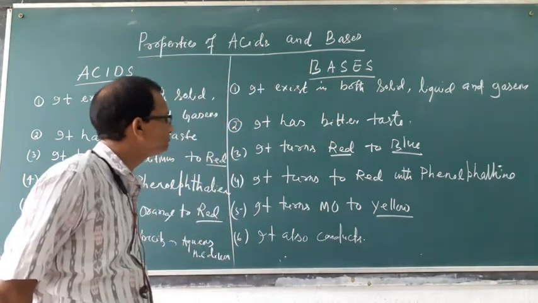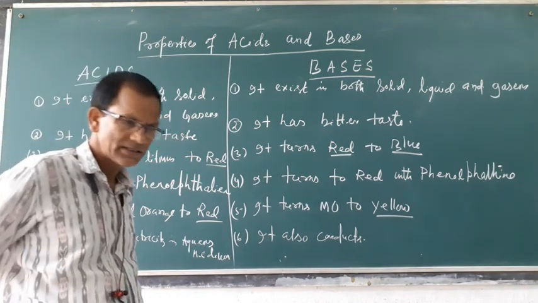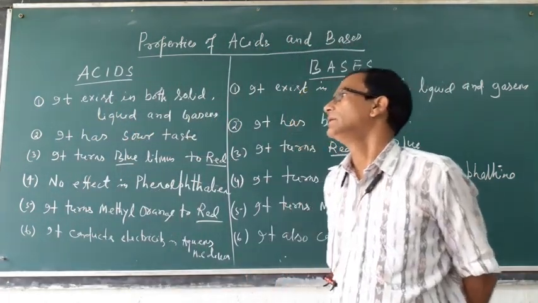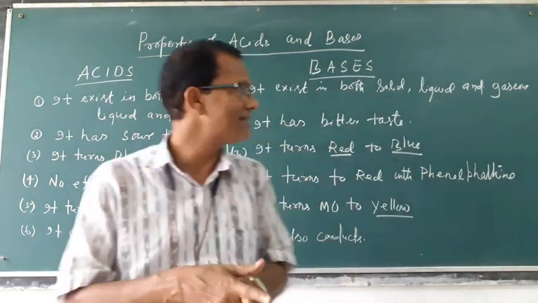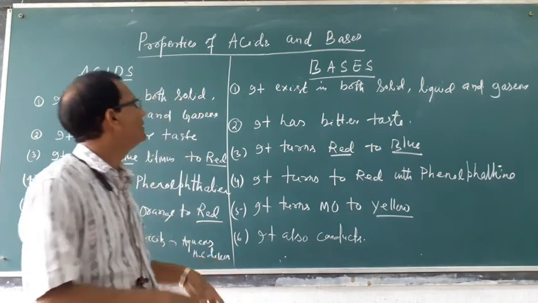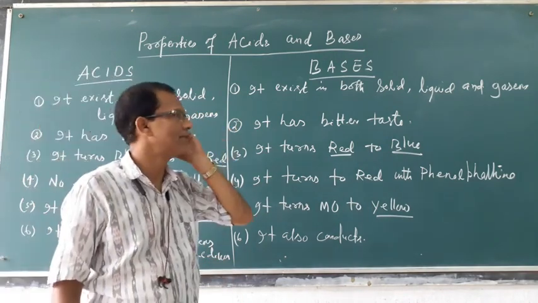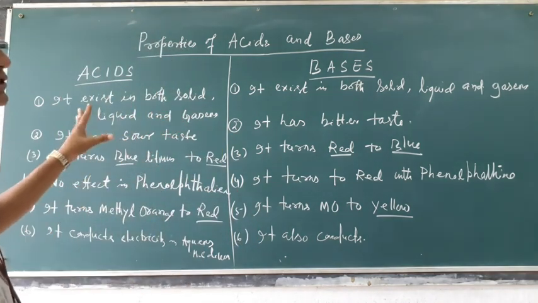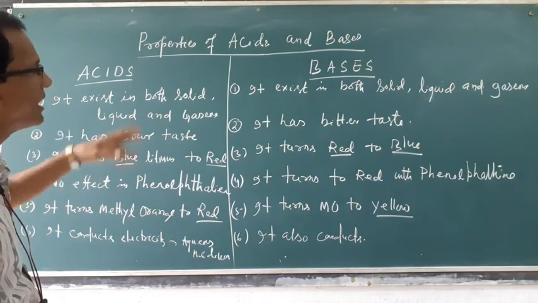That's why the properties of acids and bases should be discussed, so that you have some knowledge regarding compounds which are acidic and which are basic. What are the common characteristics, the common behavior of acids and bases?